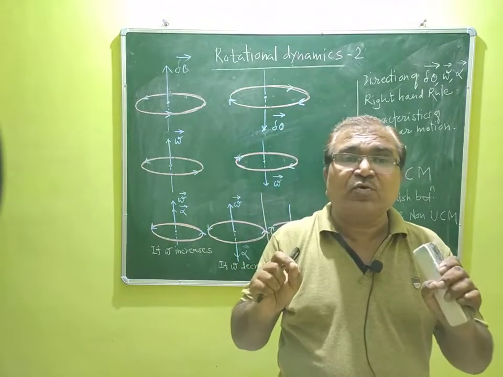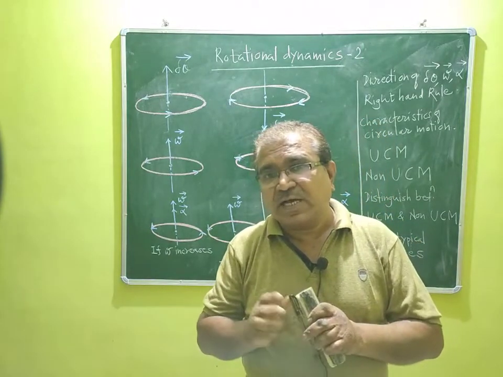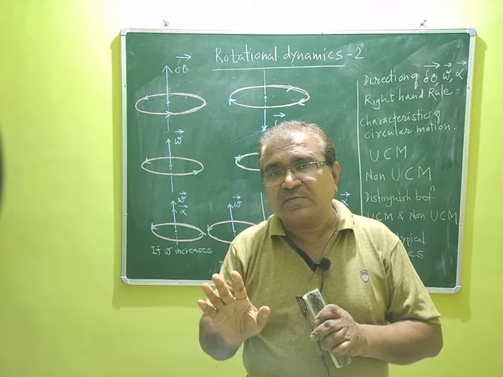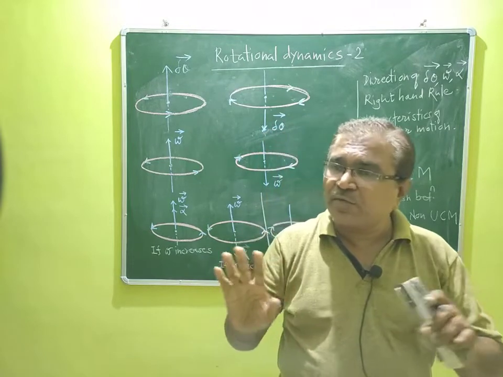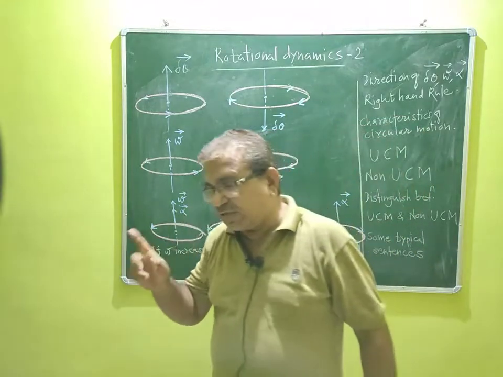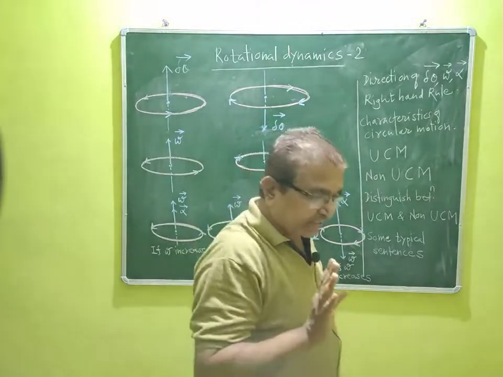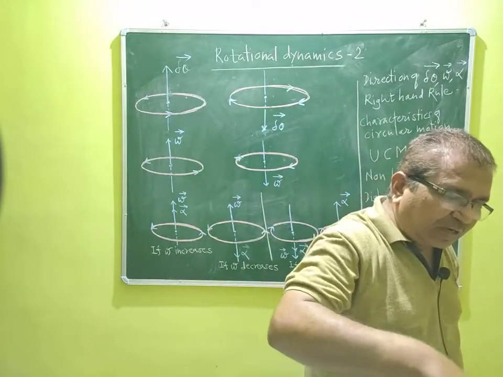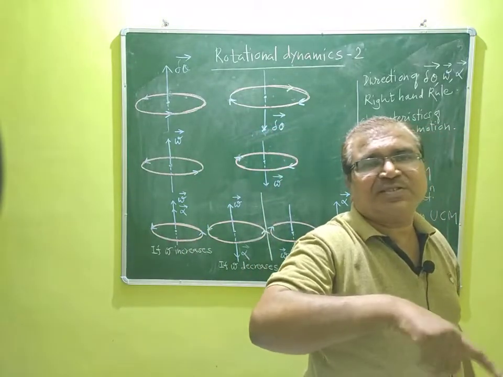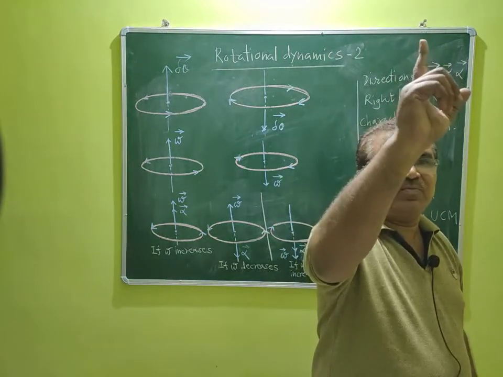Another most important thing, dear student: the directions of all physical quantities, that is angular displacement, angular velocity, angular acceleration, are not in the plane. See here, the directions are perpendicular to the plane.